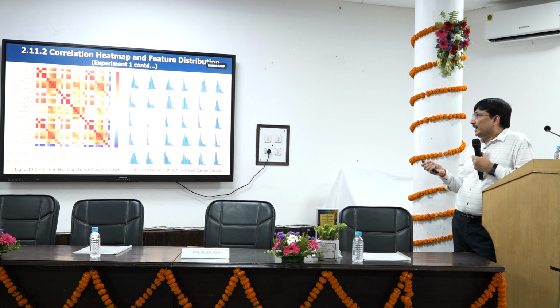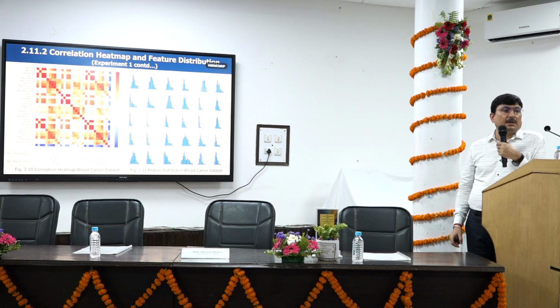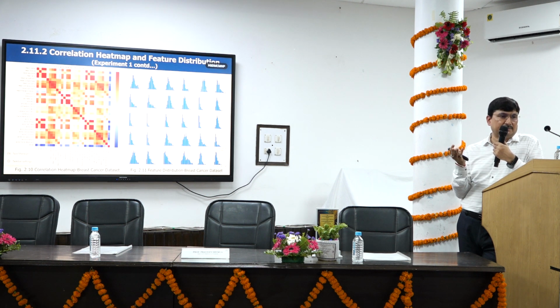Then we have this correlation heat map. Correlation heat map means, for any two features, how are they related? For example, height, weight, and marks. Height and weight of any person are related to each other, yes or no? But height is not related to marks, and weight is not related to marks.